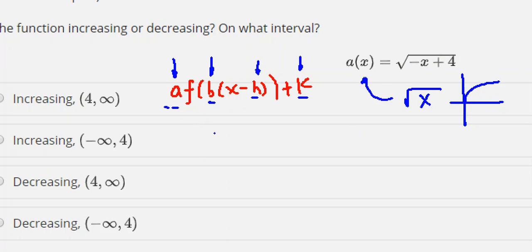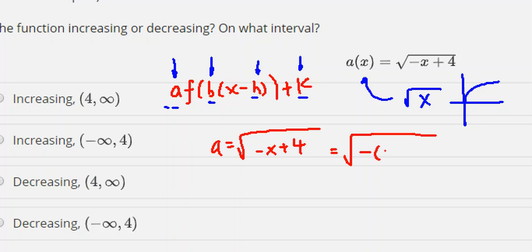So first of all, maybe I'll do that backwards. Let's begin to look at the square root of negative x plus 4. I'm going to rewrite this into the square root of negative of x minus 4, right?